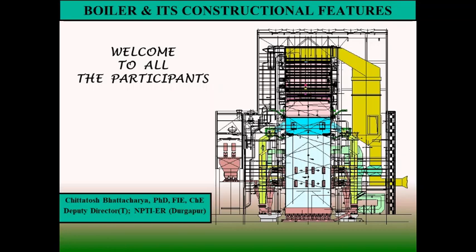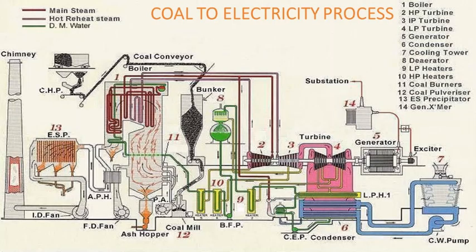In the process of conversion of energy from coal to electricity, we have already seen how fuel is burned in the furnace of a boiler, how heat is transferred to the working fluid, and how that heat is utilized for running a prime mover.